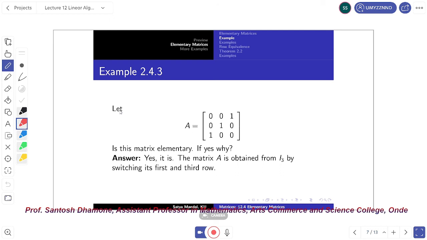Therefore A is an elementary matrix of order 3 by 3. This is the solution of our problem.